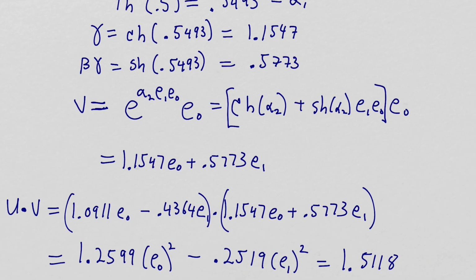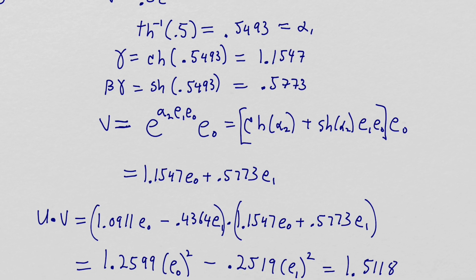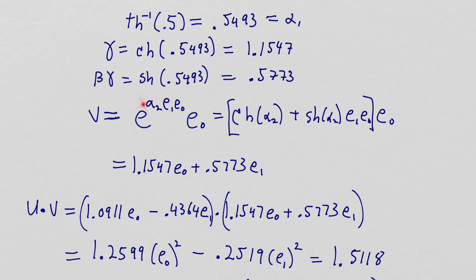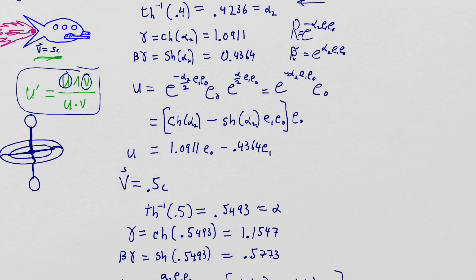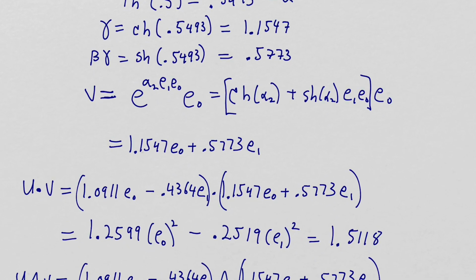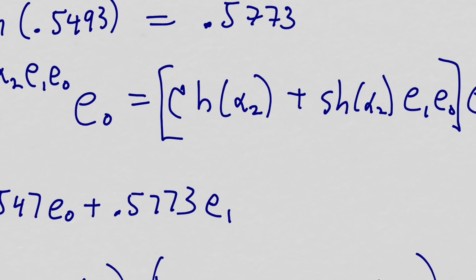And then beta gamma, which is the hyperbolic sine of that, is 0.5773. And then we do the same maneuver, but this time V is going in the positive direction, so we don't have a minus sign there. And therefore, we just get e to the alpha 2, E1, E2, and therefore there's no minus sign here. And when you substitute in alpha 2, wait a minute, I was calling this alpha 2 up here. So down here, these guys should be alpha 1s, right?